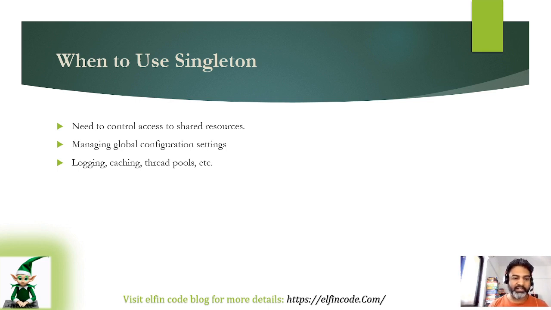Now the second part says managing global configuration settings. Consider again that you have a configuration file holding a lot of configuration information related to your application, and a configuration class which is used to read all this information.